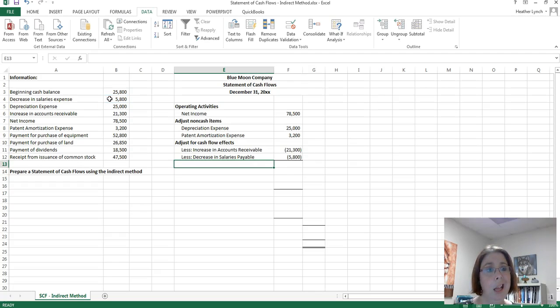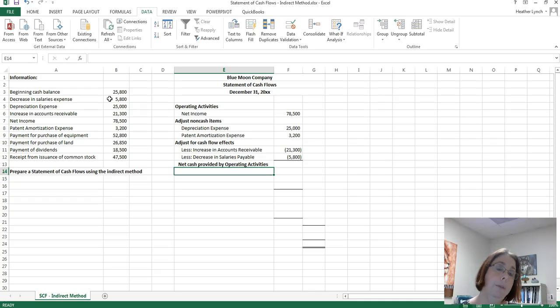Everything else on here is not related to the operating activities, so we can say this is the net cash provided by operating activities. Let's see if I can spell that right. Okay, and activities. Cool.